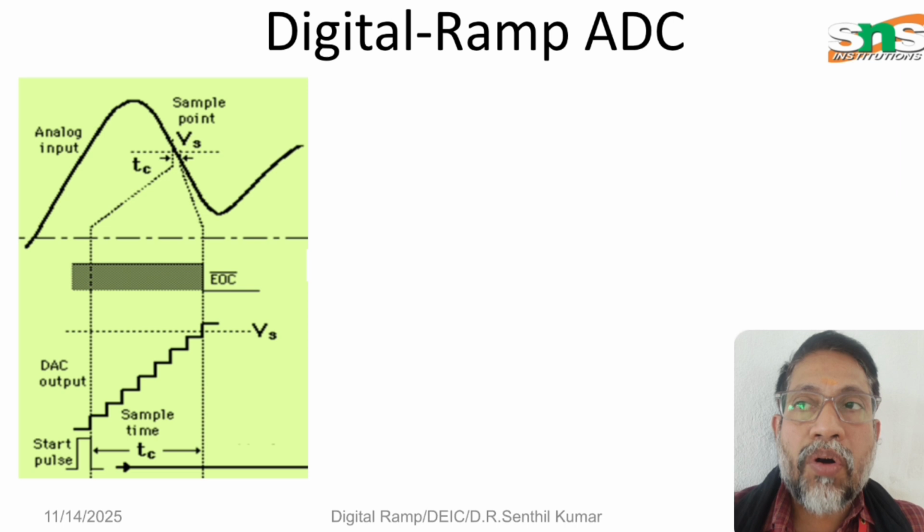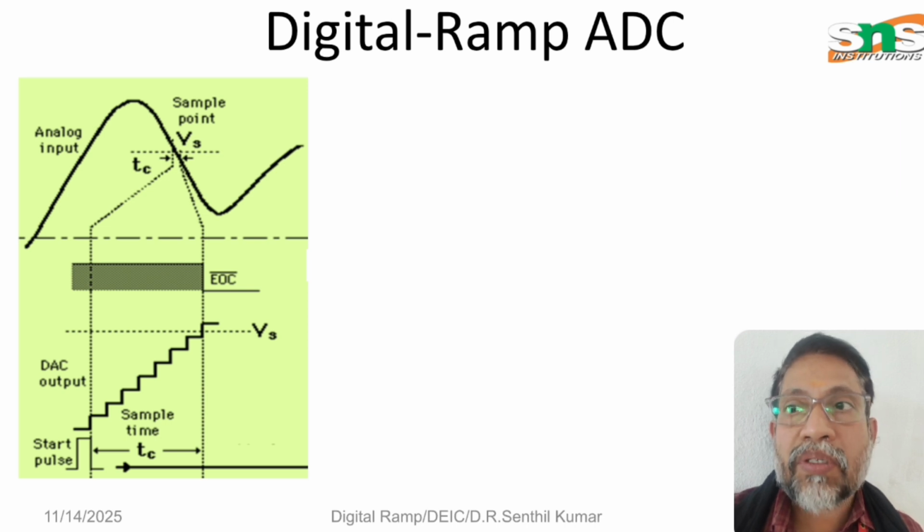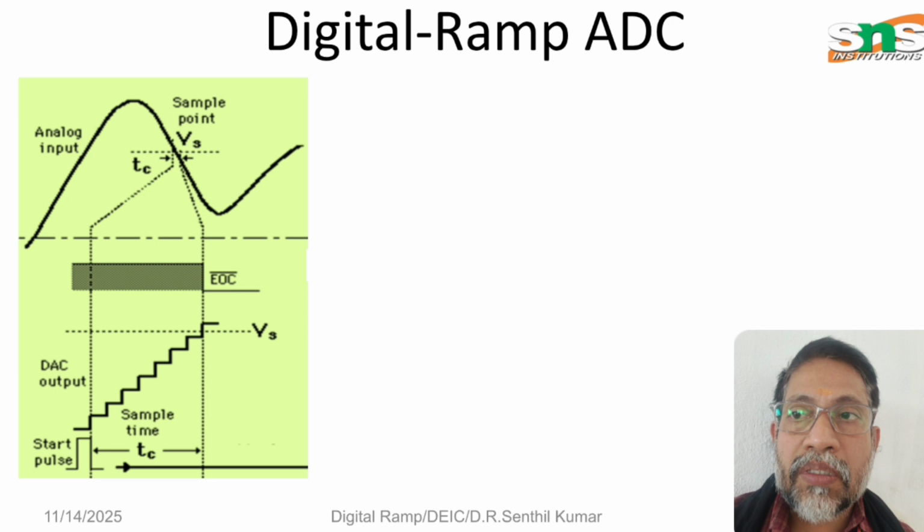The green box represents a sinusoidal analog input, where the sample point is marked as Vs. To find the sample value, first we give a number of pulses, and the number of pulses is counted with the help of a digital counter. Suppose the number of pulses given is seven. Therefore, the 7 pulses are counted with the help of a digital counter.